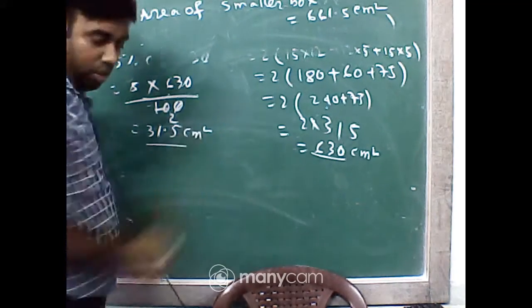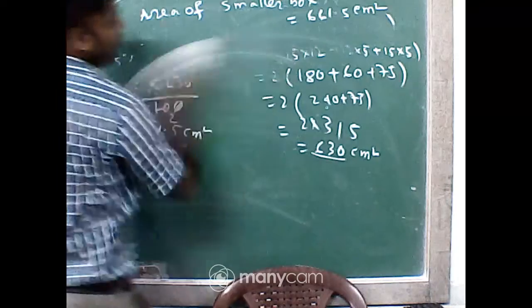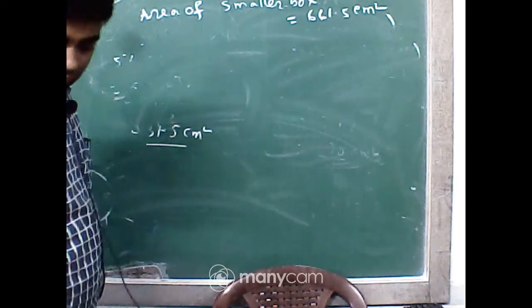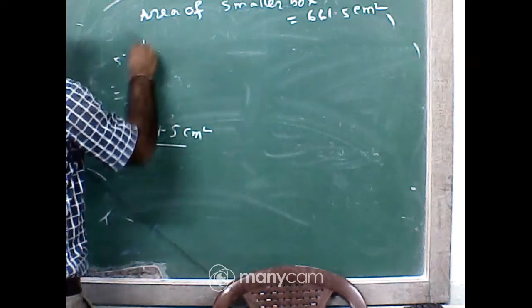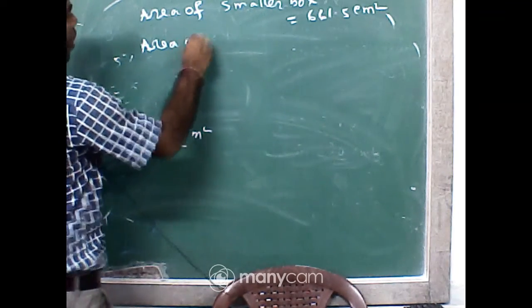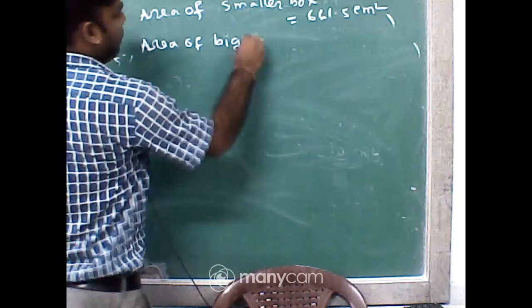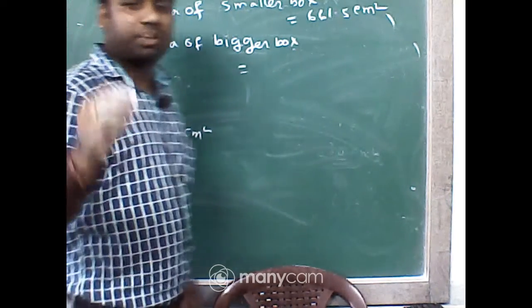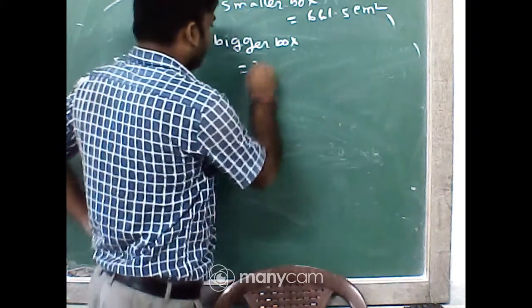Okay. Now come to the bigger box. The area of the bigger box, total surface area, is 2 into LB plus BH plus HL. So that will be 2 into LB.